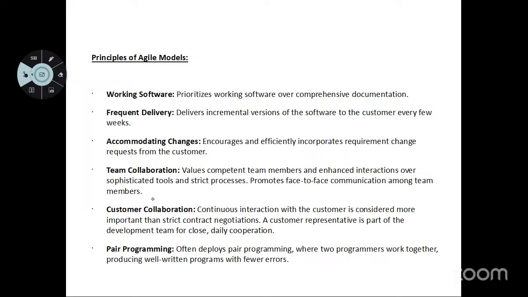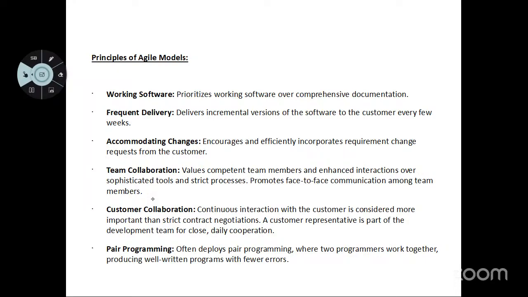So what is the first principle that we have? Working software, then frequent delivery is expected, then accommodating changes is expected, team collaboration has to be checked, customer collaboration has to be checked, and pair programming also has to be checked.